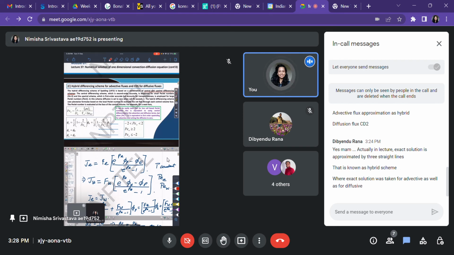The upwind scheme, which is first order accurate but accounts for transportiveness, is employed for large Peclet numbers. In this scheme, diffusion is set to 0 when Pe exceeds 2. The hybrid differencing scheme uses piecewise formulae based on local Peclet number to evaluate the net flux through each control volume face. The Peclet number is evaluated at the face of the control volume, or a west face.